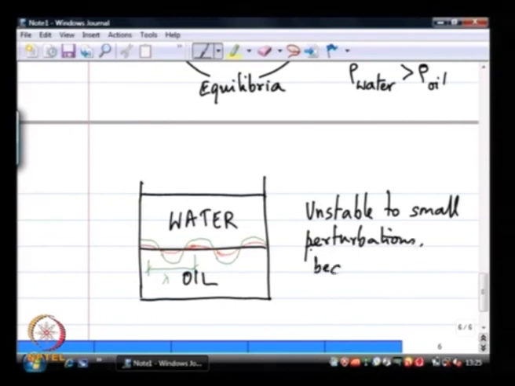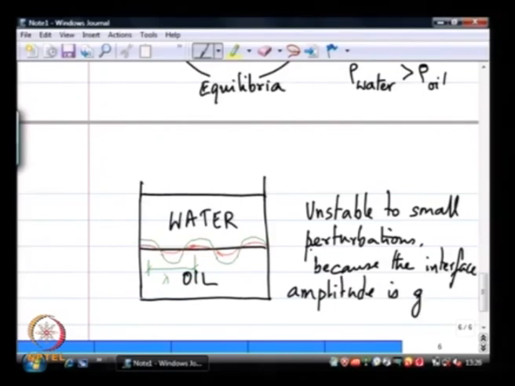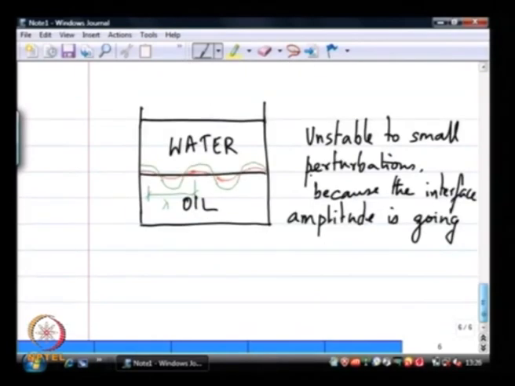How do I know that? Because the interface amplitude is going to grow with time.